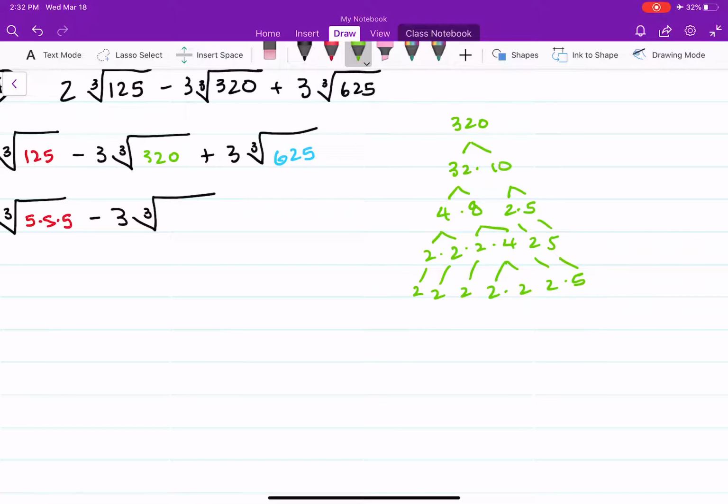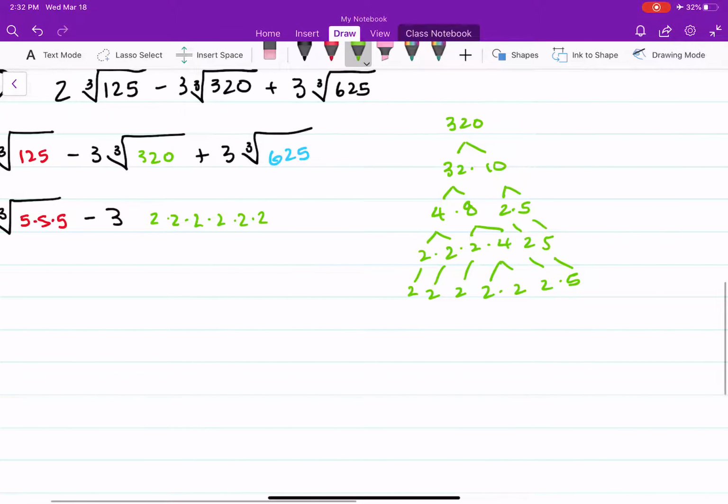Okay? So this is going to be actually a really long one, so I'm just going to erase that off and put these down first. 2, 2, 2, 2, 2, 2. 1, 2, 3, 4, 5, 6. 1, 2, 3, 4, 5, 6 times 5.